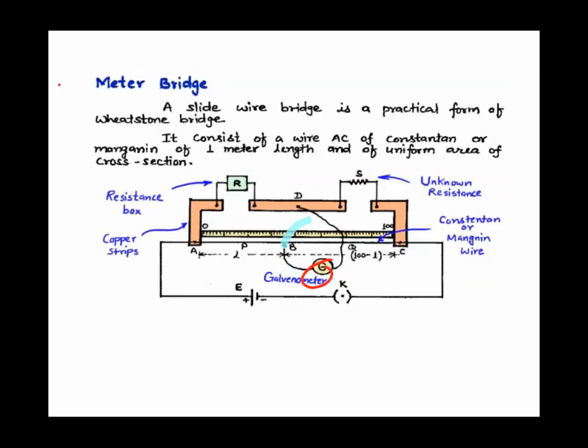So we are going to slide the jockey on the meter length wire. And by sliding the jockey, we will get the balanced length, that is the length at which the galvanometer shows zero deflection.